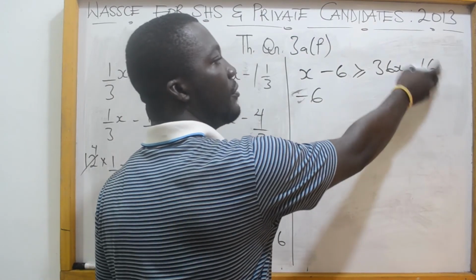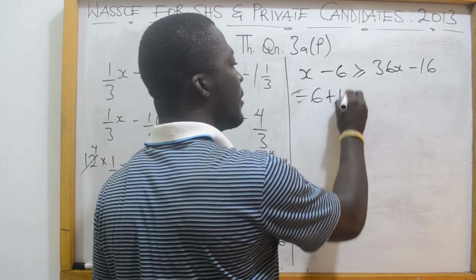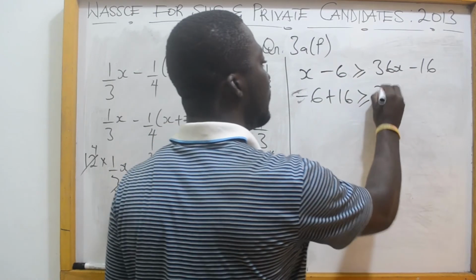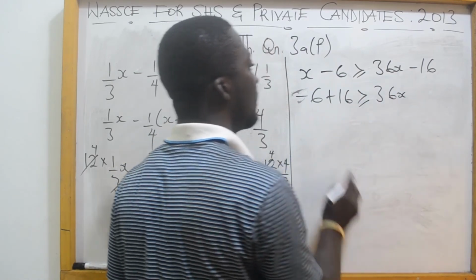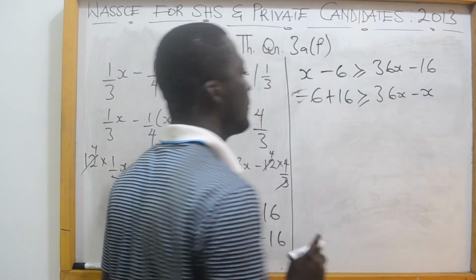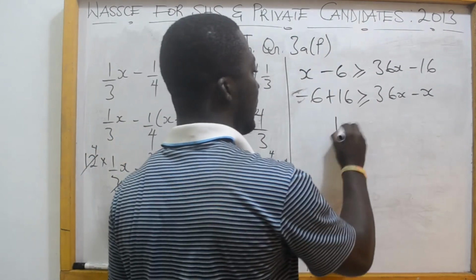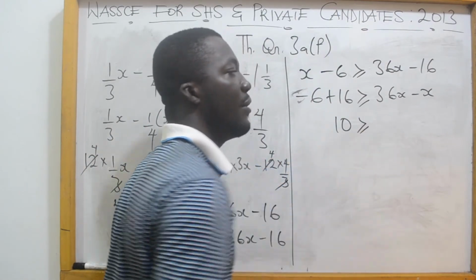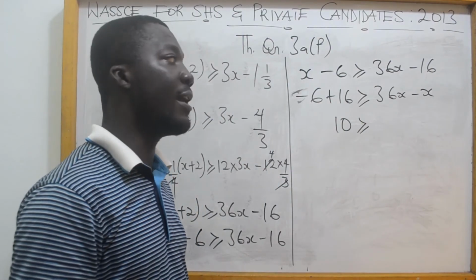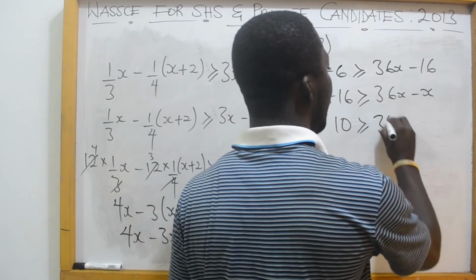Negative 16 will be transposed and become positive 16, greater or equal to 36x. Then this x to the right hand side will be negative x. Negative 6 plus 16 is 10, greater than or equal to 36x minus x is 35x.